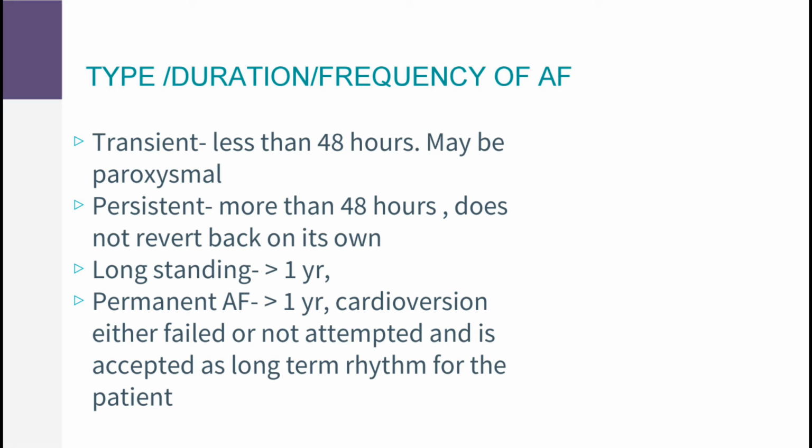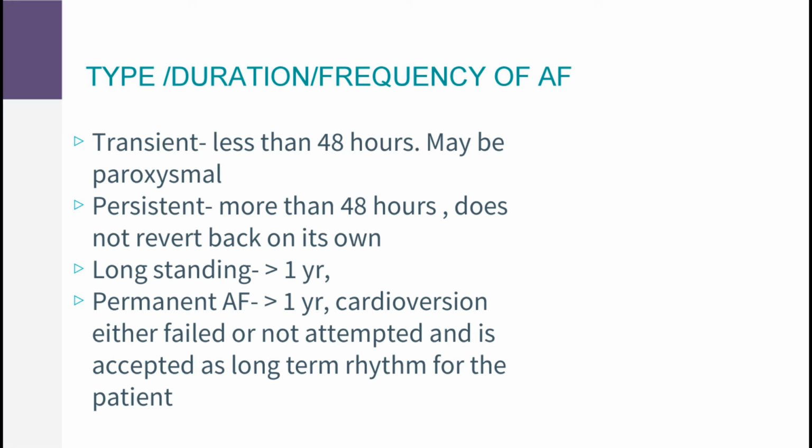Depending on the length of episode or duration, AF can be transient, persistent, long-standing, permanent, or lone AF. Any episode lasting less than 48 hours, which usually self-aborts, is paroxysmal and transient in nature, and is precipitated by any triggering factor as discussed earlier, is transient AF.